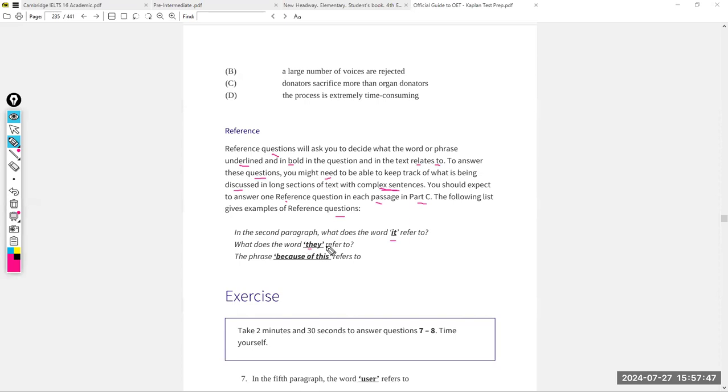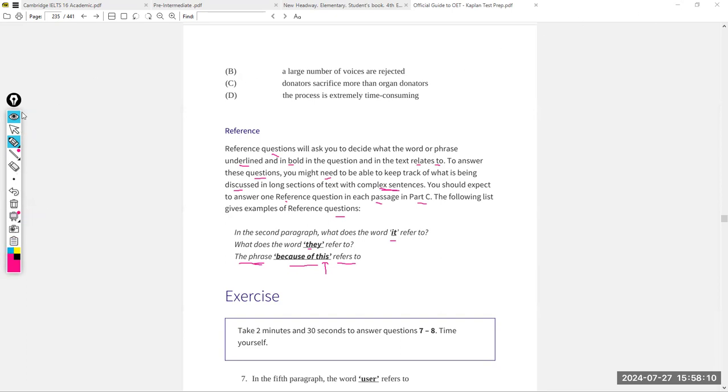I, you, we, they, he, she, it. For example, what does the word they refer to? Or maybe a phrase. It's not all the time a word or a pronoun, maybe a phrase. So for example, the phrase because of this, what does this mean or refer to? Okay? So absolutely, we have to practice.